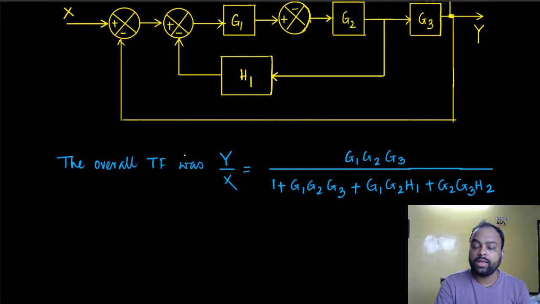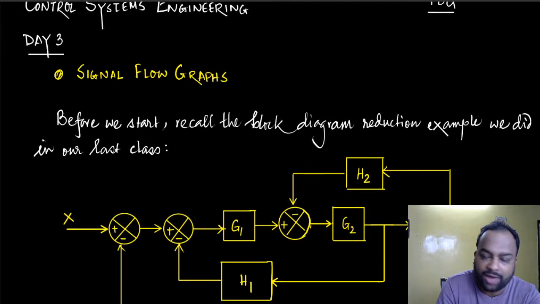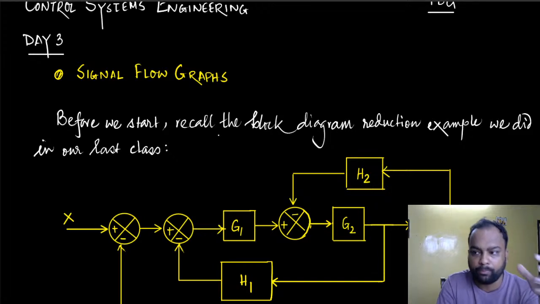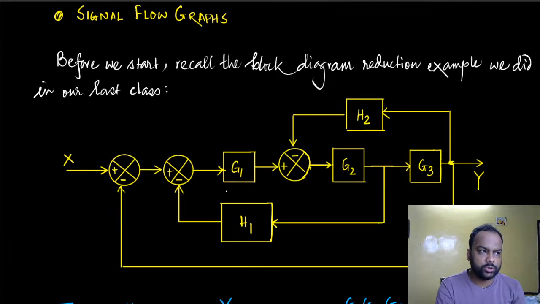With that said, there are a few things I need to tell you. The first thing is that in signal flow graph, as the name tells you, signal flow graph is a graph. But don't take the word graph as a plot or something like that, right? Maybe in our schools, we have gotten used to hearing the term graph used as a synonym for plots, but this is not what we are talking about here.